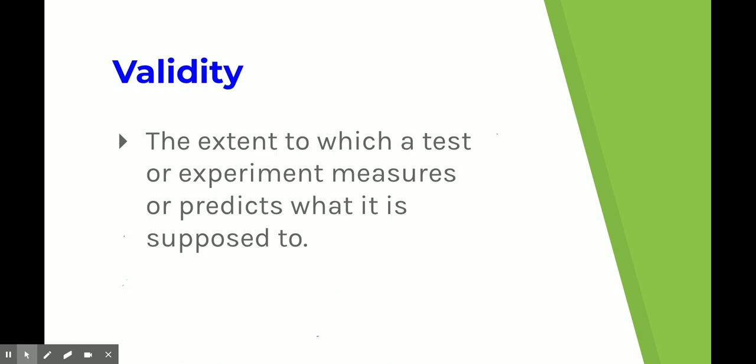So if I'm doing a vaccine trial for COVID, does my vaccine trial actually measure whether someone gets COVID or not? If it does, it's a valid experiment. Valid doesn't mean my results are good. Valid doesn't mean my hypothesis is confirmed, but simply that it measures or predicts what it's supposed to.